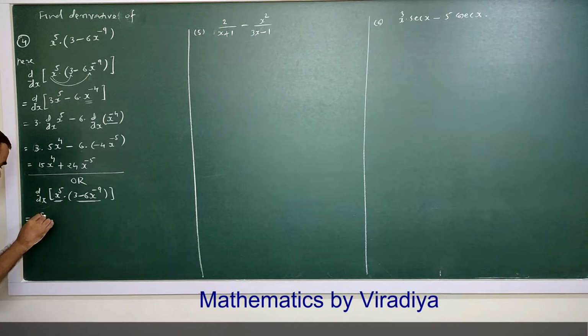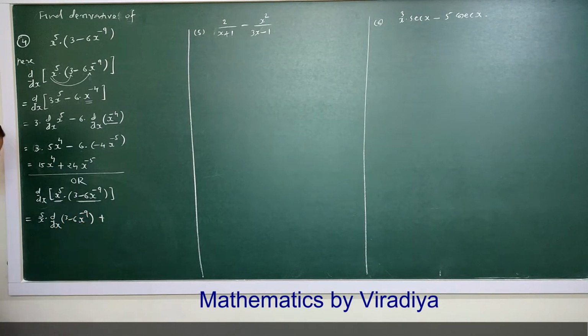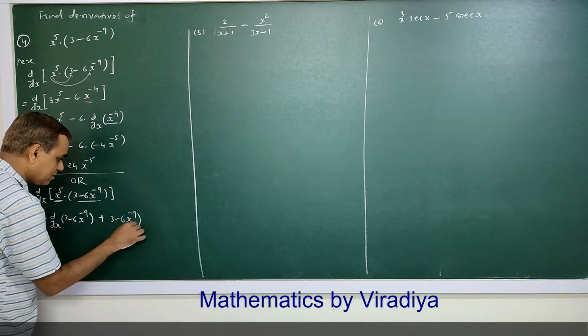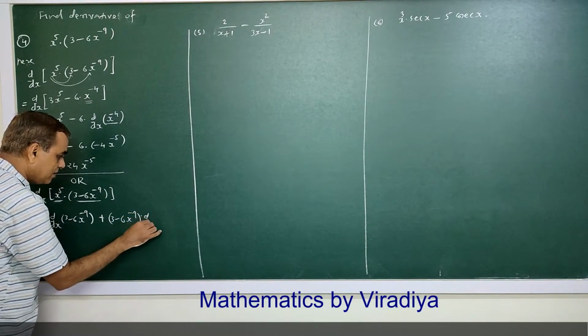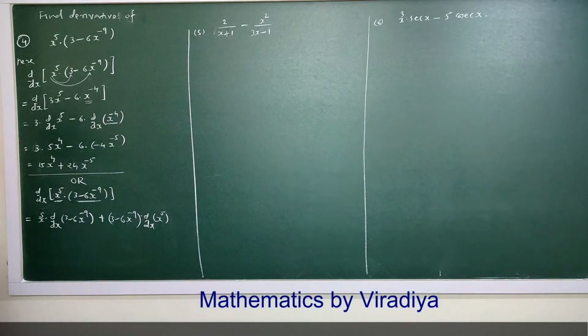So u as it is, derivative of v, plus v as it is, derivative of u.